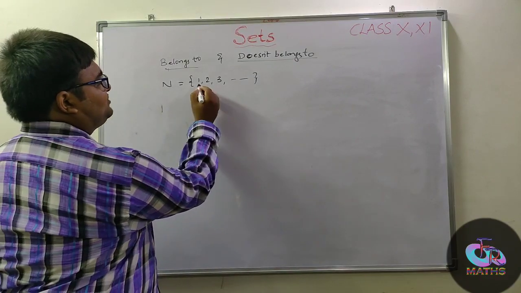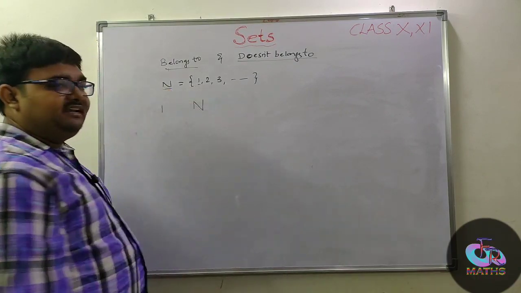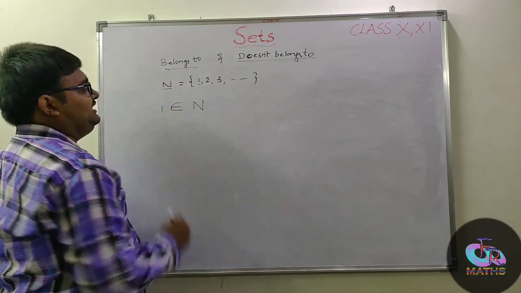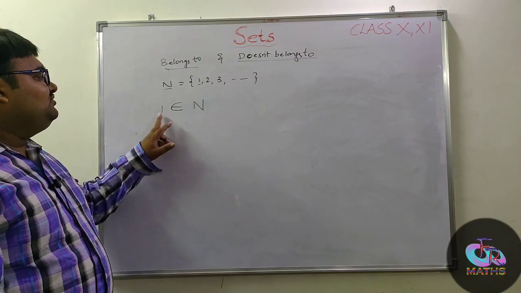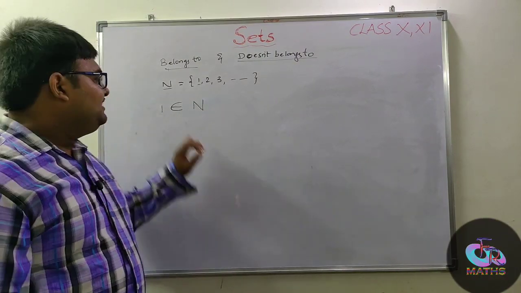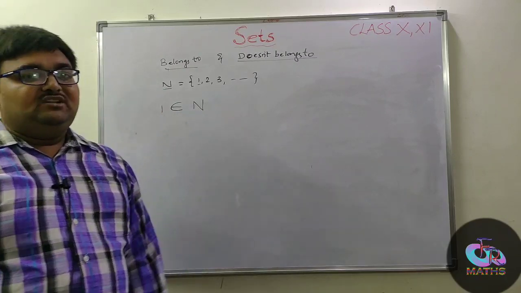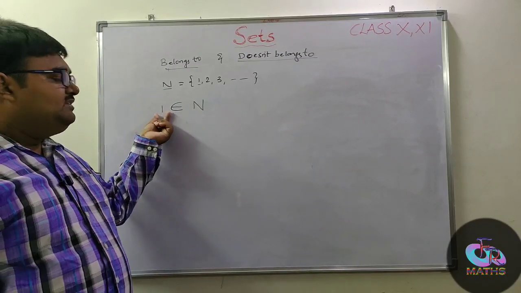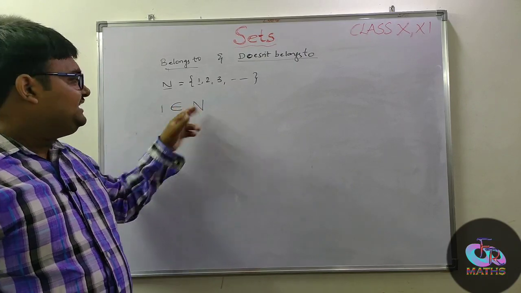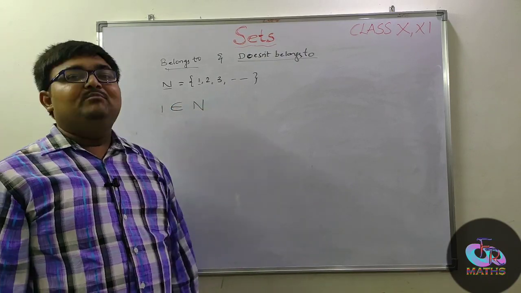Say clearly, so 1 is present in the set N. That means we can simply represent this in such a manner, right? So the element 1 belongs to N. Element 1 belongs to the natural number set. So the element will be written on the left hand side, the set on the right hand side, and in the middle the connective will be belongs to.